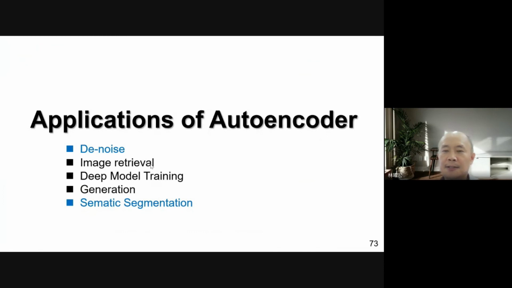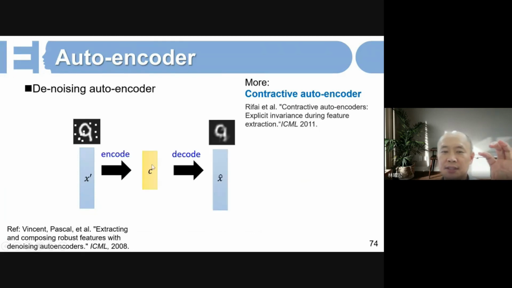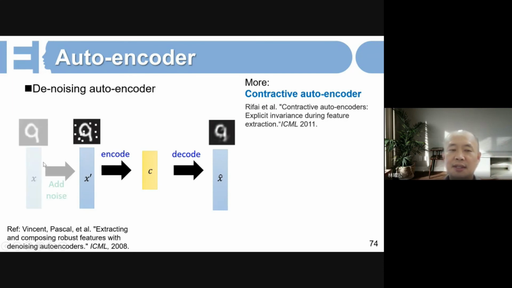So here I would like to show you the noise. Here you have the noisy image, and you design an autoencoder. You would like to remove noise, but the problem is how to define the loss function. The input image here has noise added.